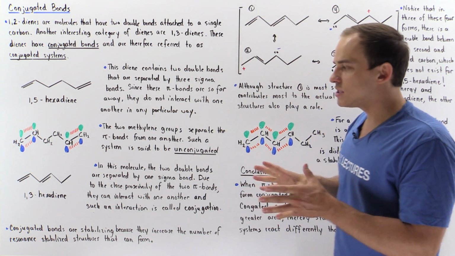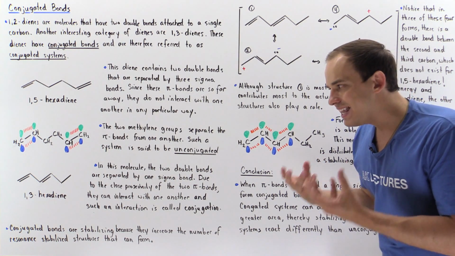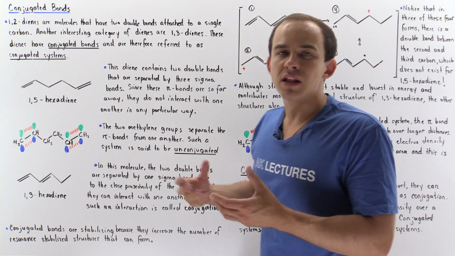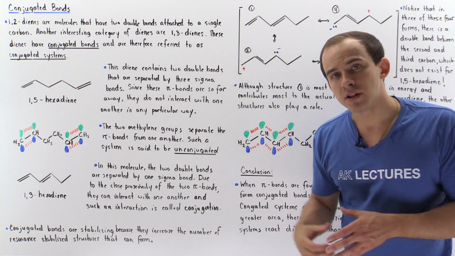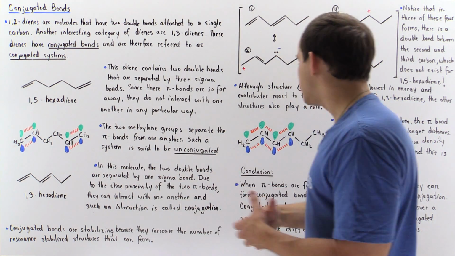Now, the question still remains, why exactly is this a stabilizing effect? Why are conjugated bonds more stabilizing than unconjugated bonds?